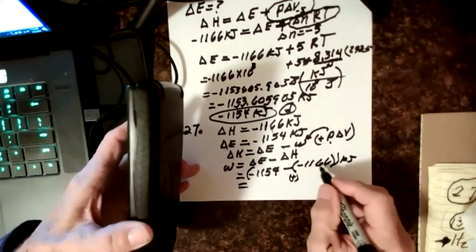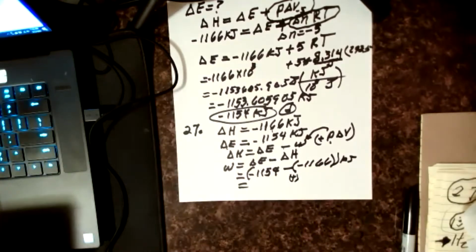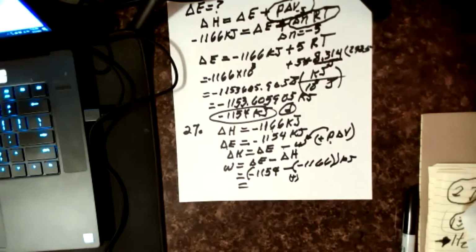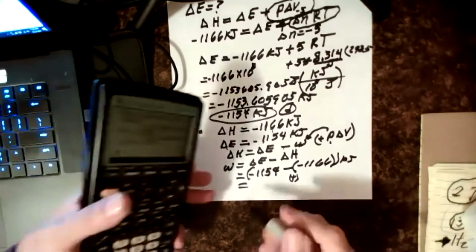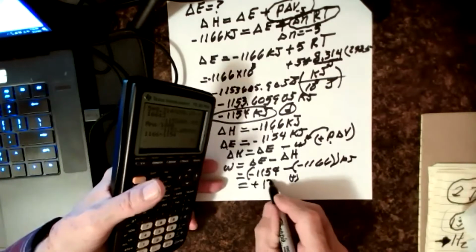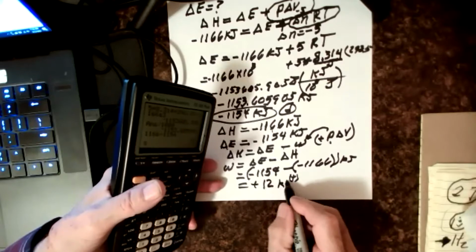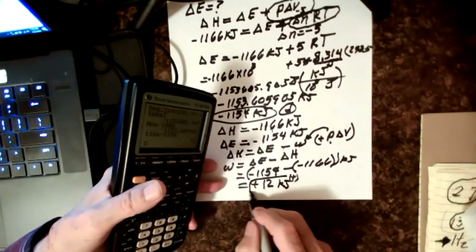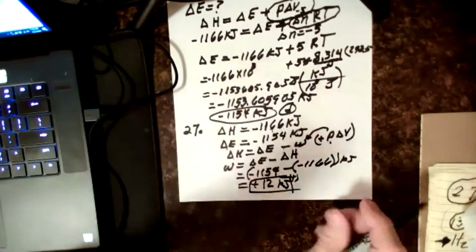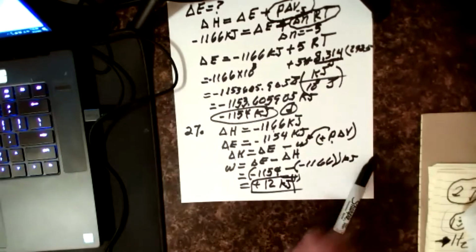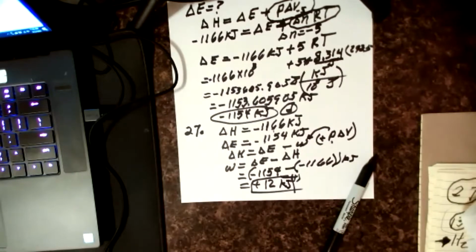So I'm going to take that number and subtract that one. So I take the 1166 minus 1154 gives me plus 12 kilojoules. Now when I'm calculating work, I'm going to ask myself, does this really make sense for the sign?